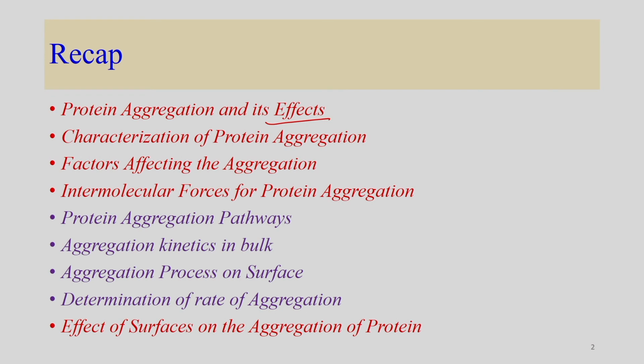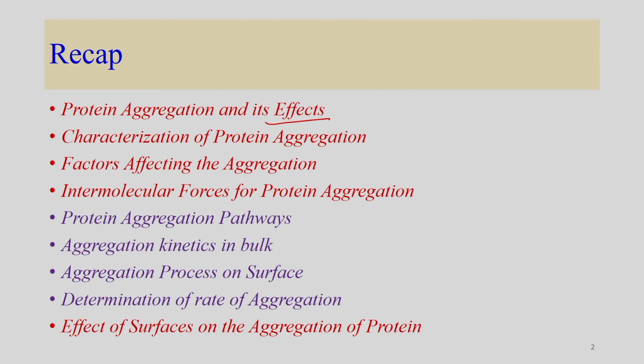After that we discussed particularly how the presence of a surface affects the aggregation of a protein. There we discussed different surfaces formed by self assembled monolayers, and we chose a model protein, insulin.